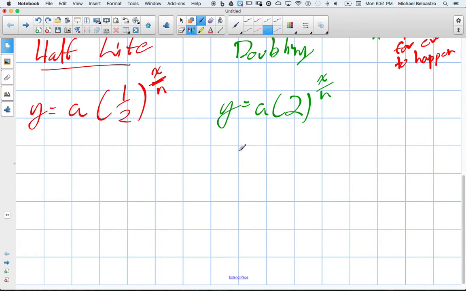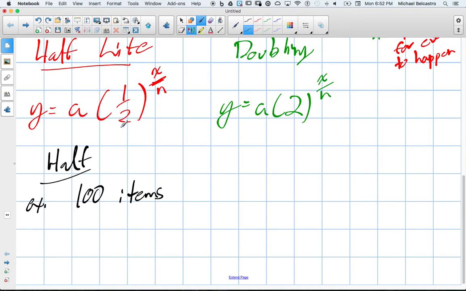So if you're given a question, we'll call this a half-life question. We start with 100 items. Doesn't matter what they are. It has a half-life, and the half-life is every 10 days.